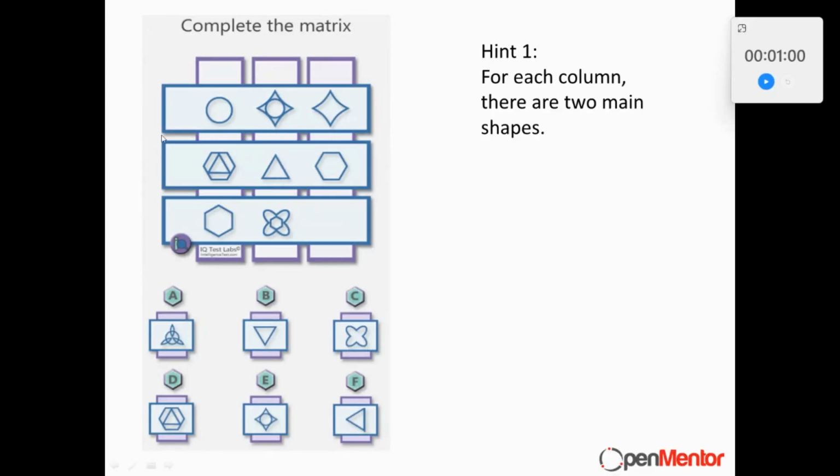There is one circle and this one. Here there is one triangle and a hexagon which are combined here. So there are two shapes, and the third one of the column is a combination of the two shapes. Here we have a hexagon, and this is a combination of the hexagon inside this and one outside. Now can you tell me which is the answer?